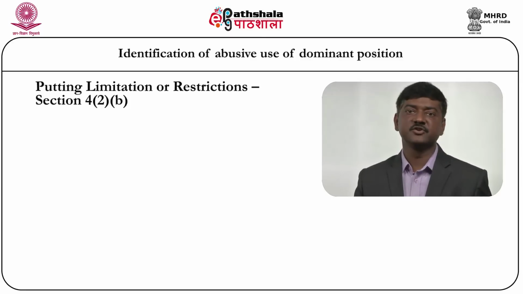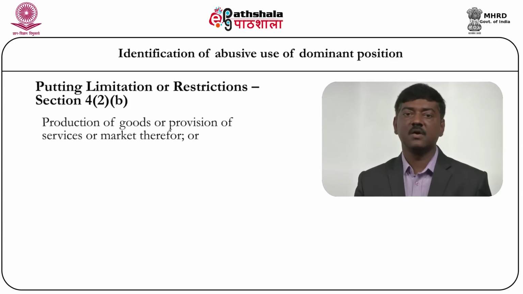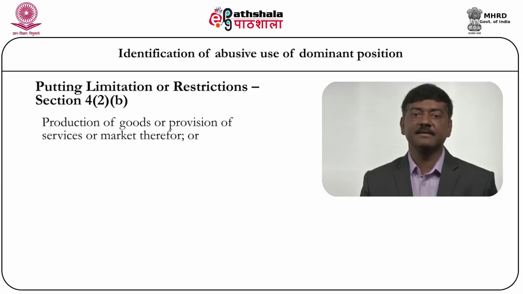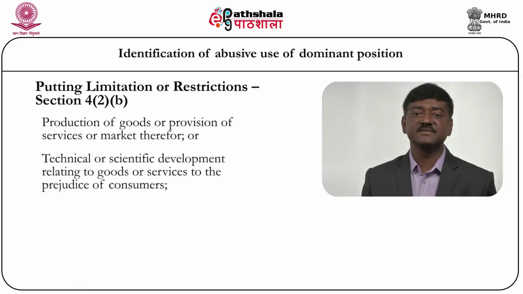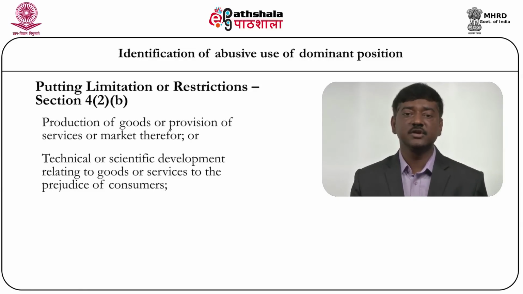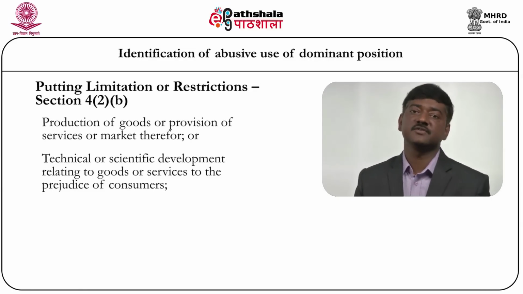So it has full motivation to do that, and it can limit or restrict the production of goods or provision of services, or restrict the market itself, or restrict the technical or scientific development relating to the goods or services to the prejudice of consumers.